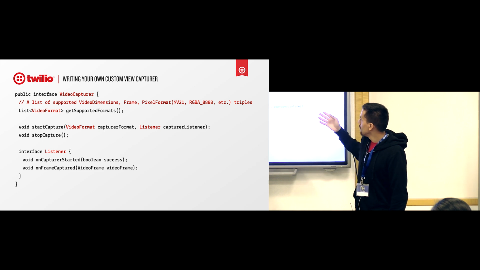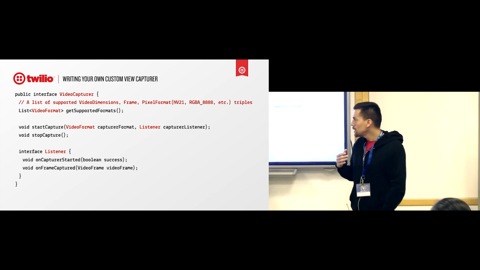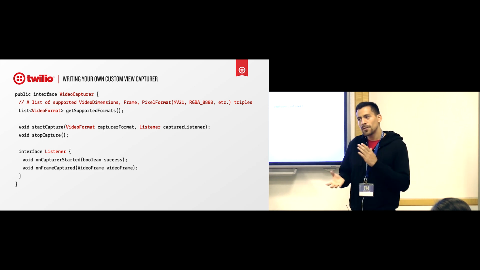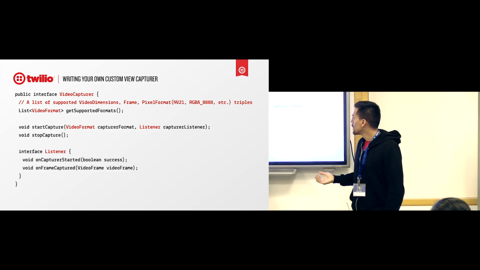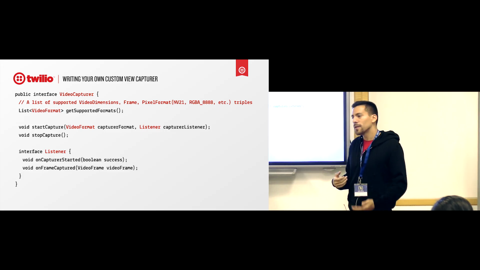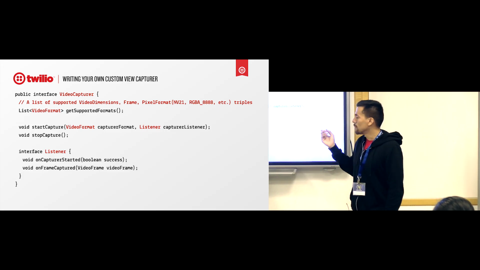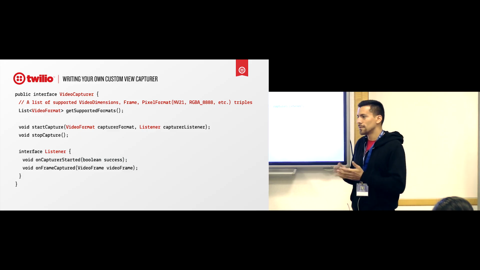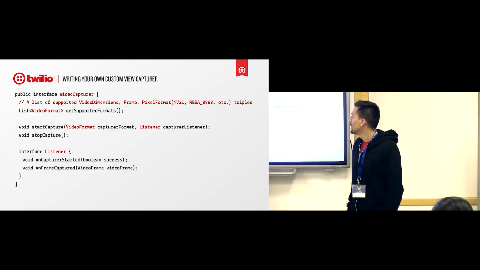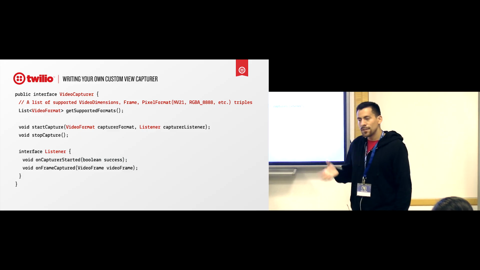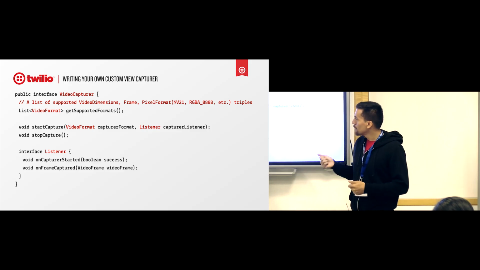This is a triple of information: the video dimensions you're giving us, the frame rate you're planning to use, and the pixel format, which is more related to the display you're using. Then you'll implement startCapture.